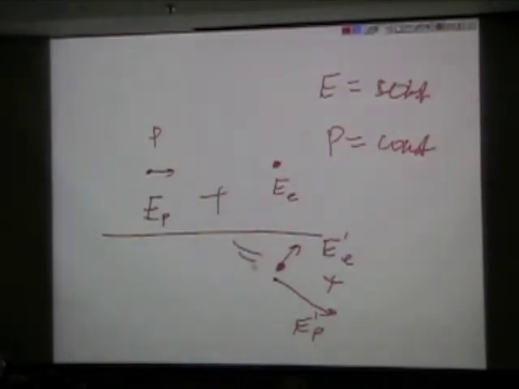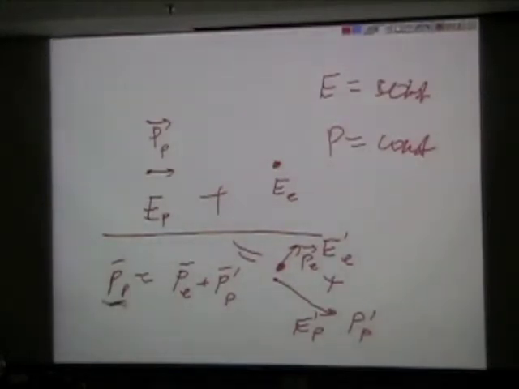The second law, the momentum. This is the momentum of the photon before the collision. This is the momentum of the photon after the collision. And that's the momentum of the electron after the collision. And if we add them up together after the collision, we should get the initial momentum of the system.